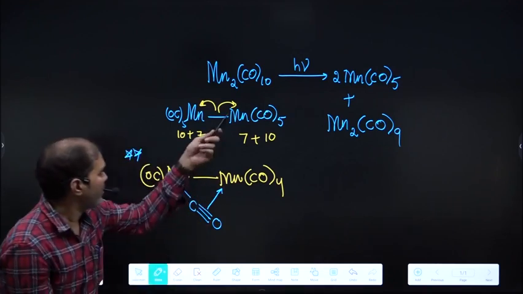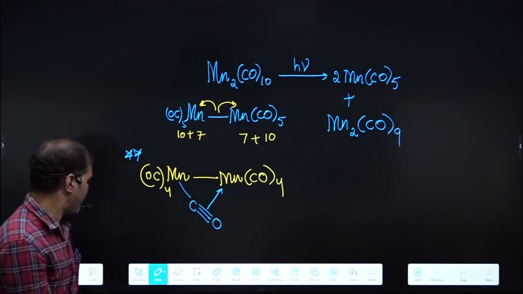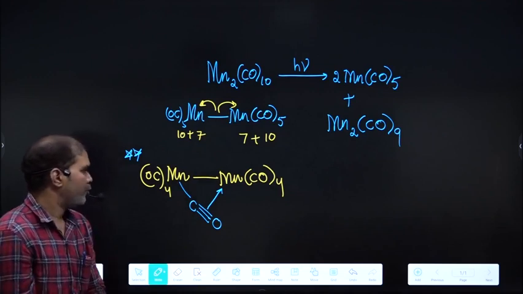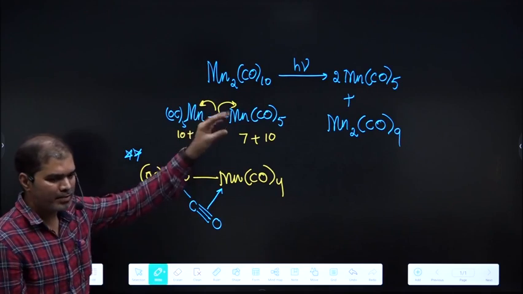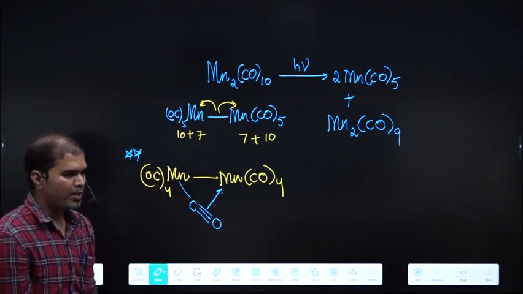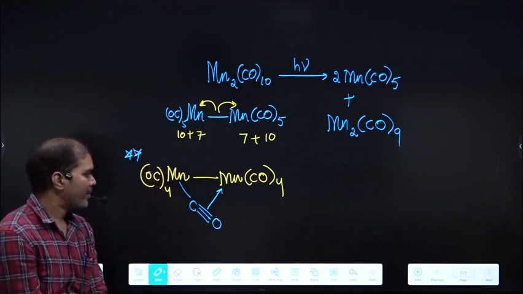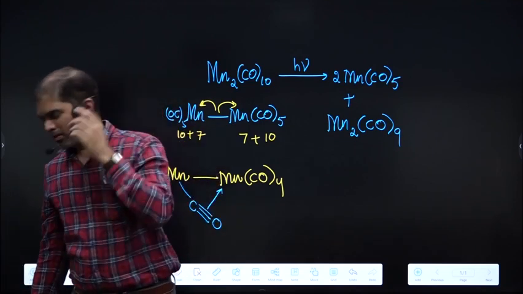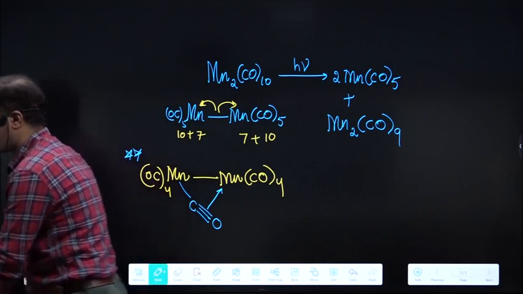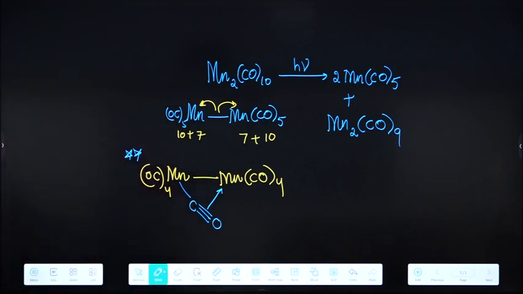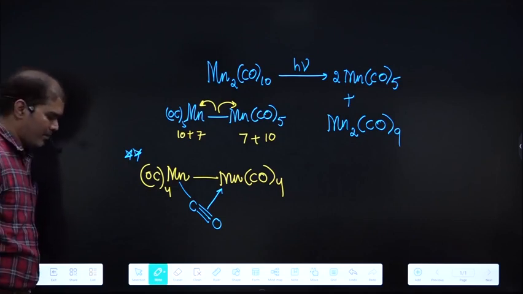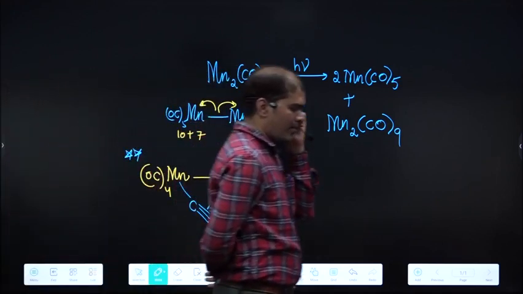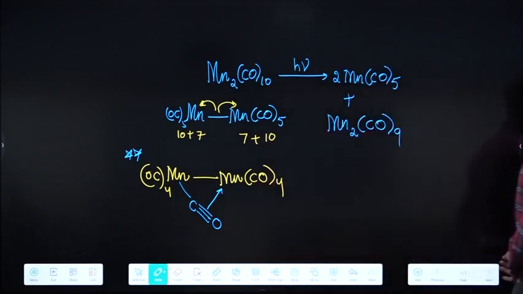Write down this question and then write down that point. Just leave some space. For a carbonyl, the most common bonding modes are terminal and bridging.